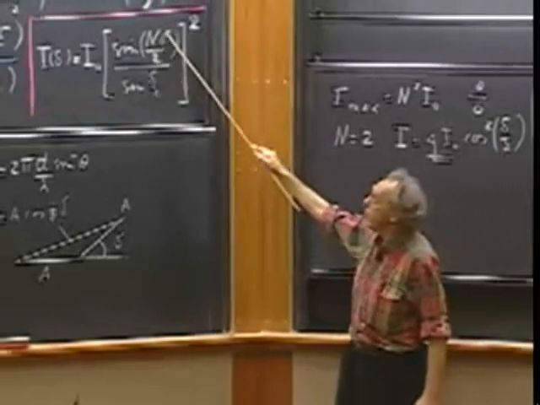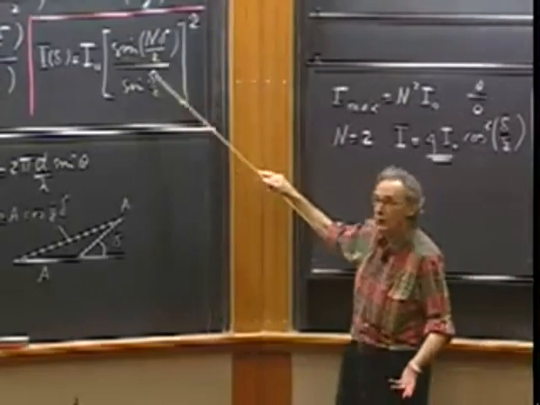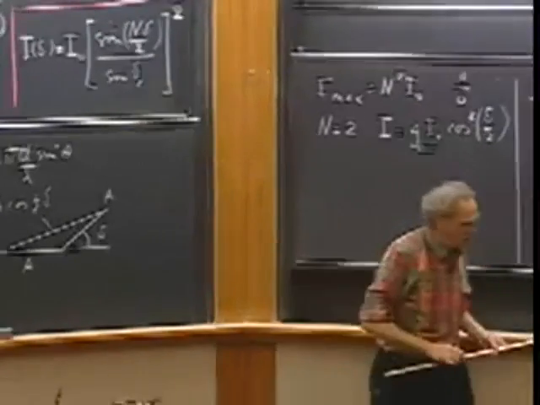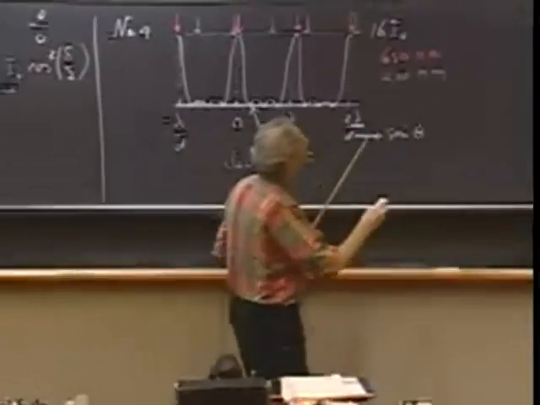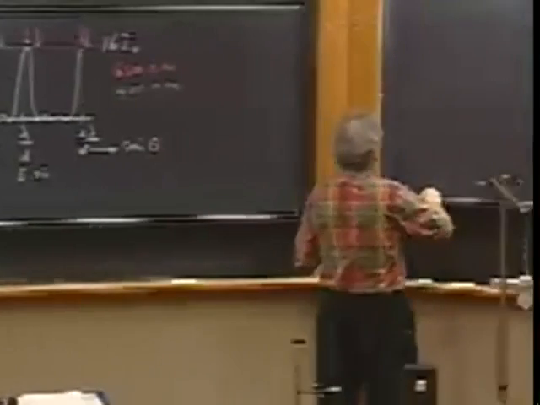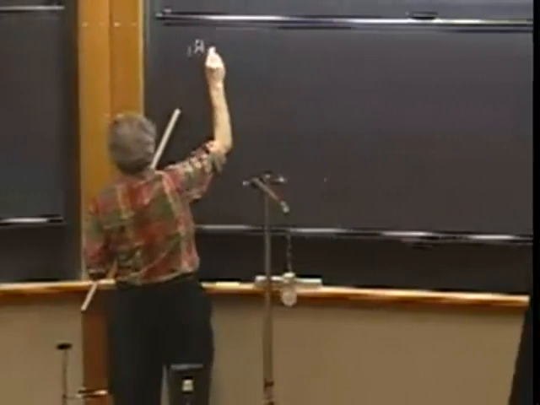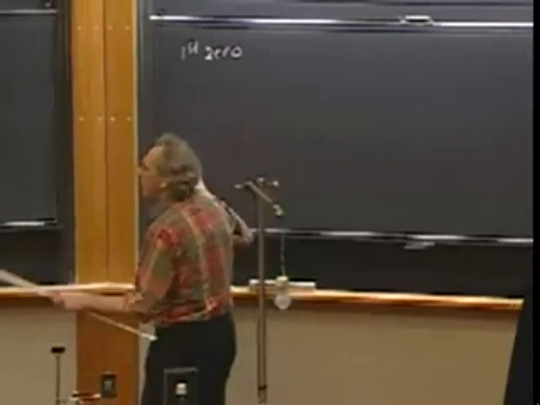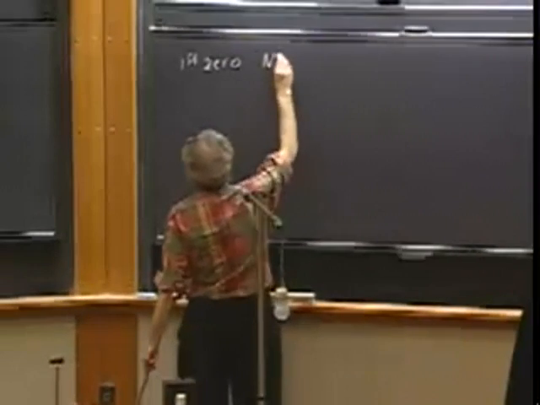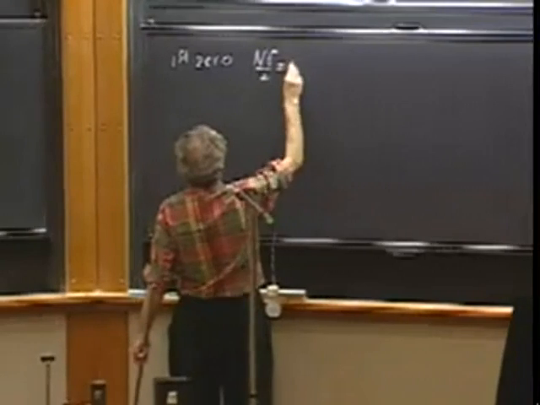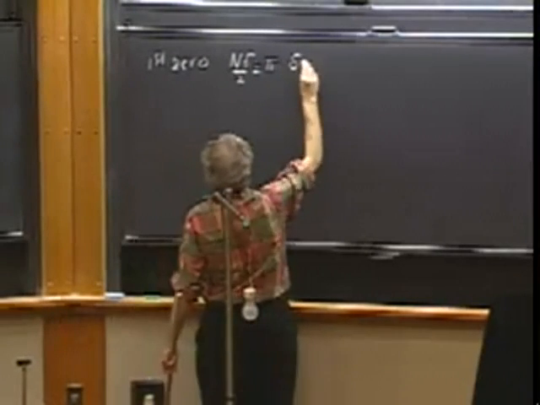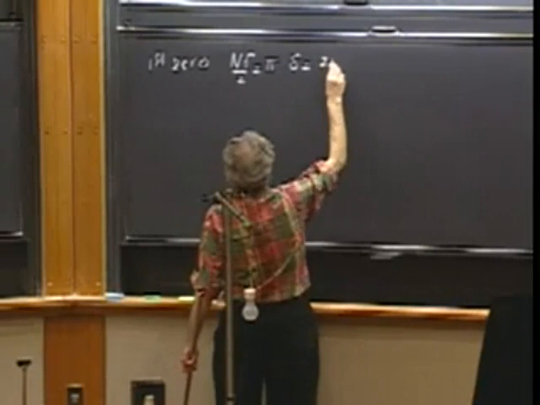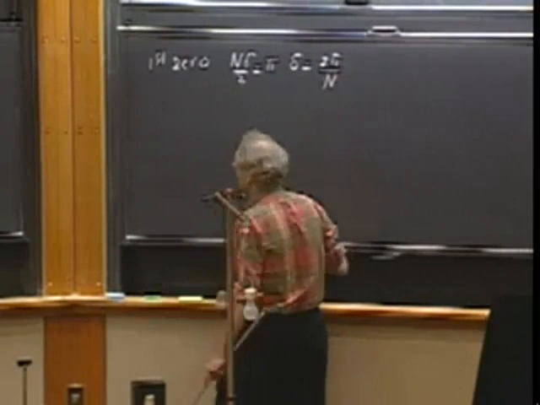That is when this is pi. When it is 0, they're both 0. But when that is pi, then of course I would have my first 0. So let's do that here. So I call that my first 0. That is the case when n delta divided by 2 is pi. And so that means when delta is 2 pi divided by n.